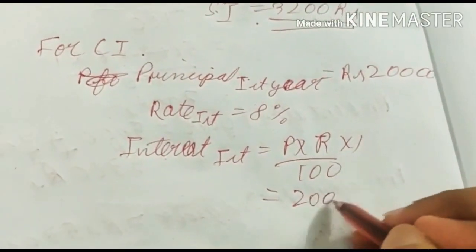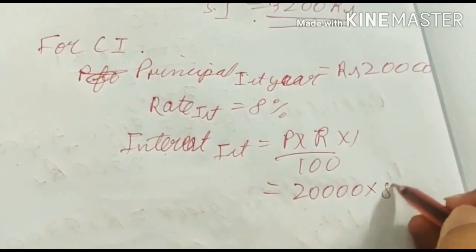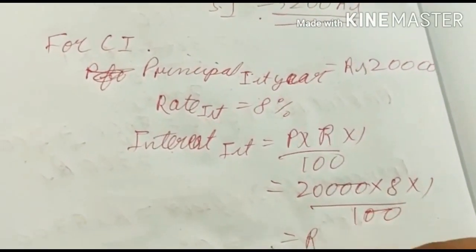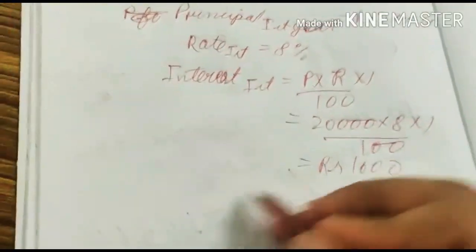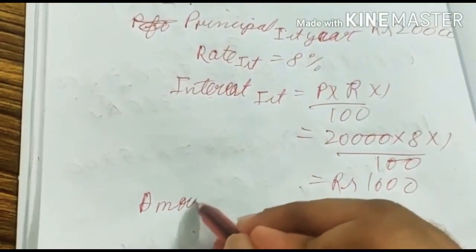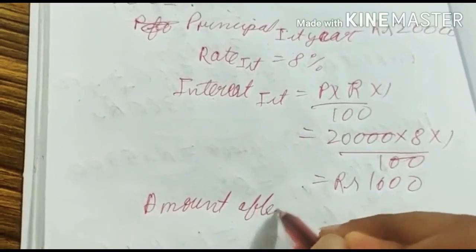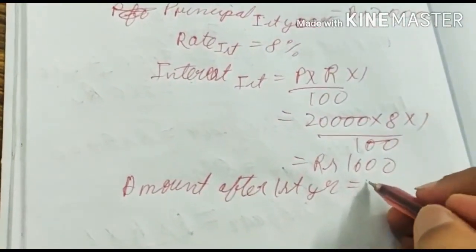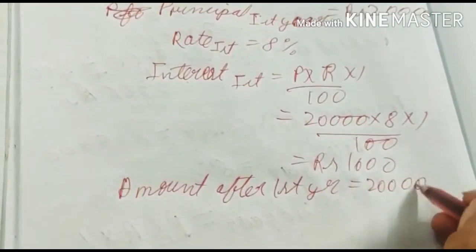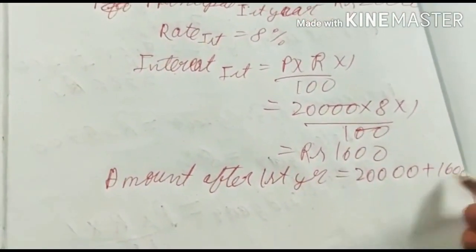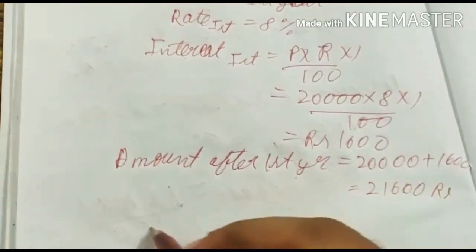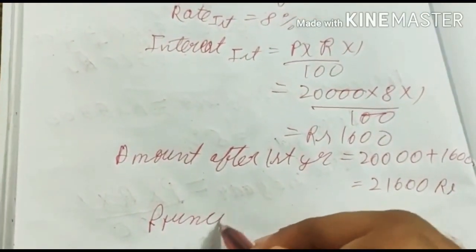So 20,000 into 8 into 1 upon 100, it comes out to be rupees 1,600. So amount after first year is 20,000 plus 1,600, that is 21600 rupees.